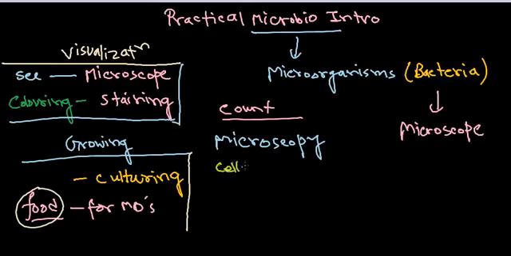Cell sorting machinery we can also use to know the number of bacteria or any other microorganism cells present in a particular solution directly. These two are kind of direct processes. Cell sorting is also termed as flow cytometry, so you can go for it. These are the high profile techniques, but except for that, the general process of knowing whether there is microorganism present in your medium or culture media, that's what we call it.